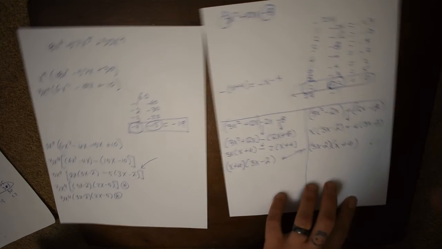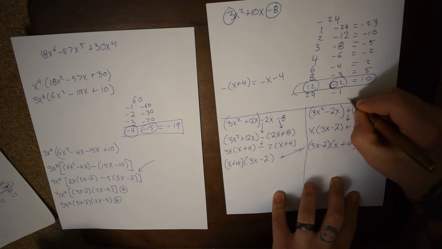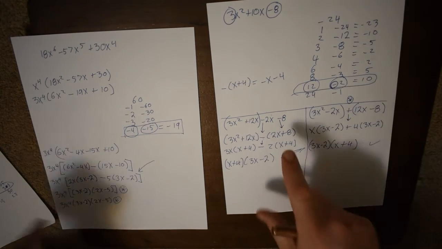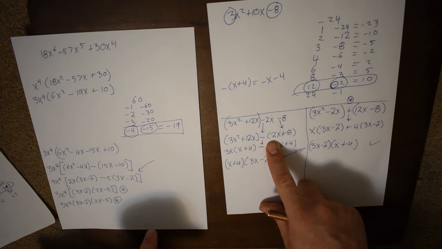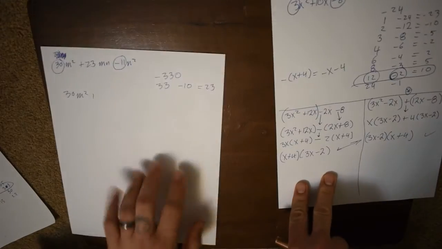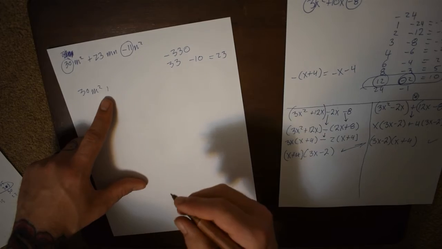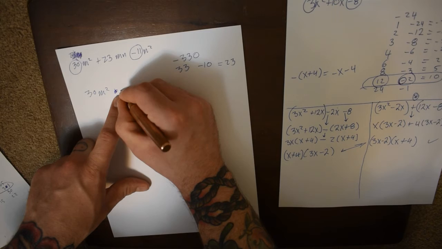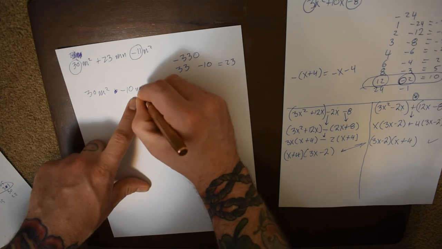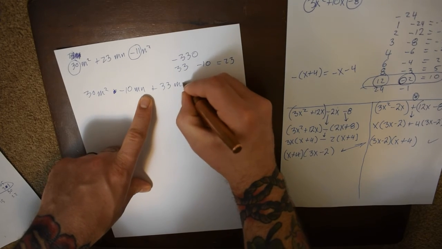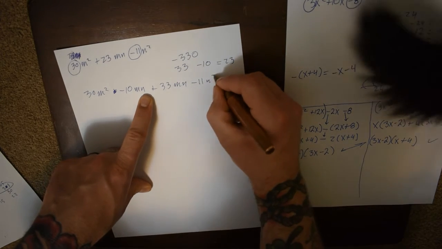So I recommend, and I always have recommended, that students try and put a plus sign in between their two terms just because it's easier. There is one more step in this process where you can make a little mistake, so when at all possible, I try and avoid that situation. Keeping that in mind, I want to rewrite this as 30m squared, and I want to write minus 10mn plus 33mn minus 11n squared.